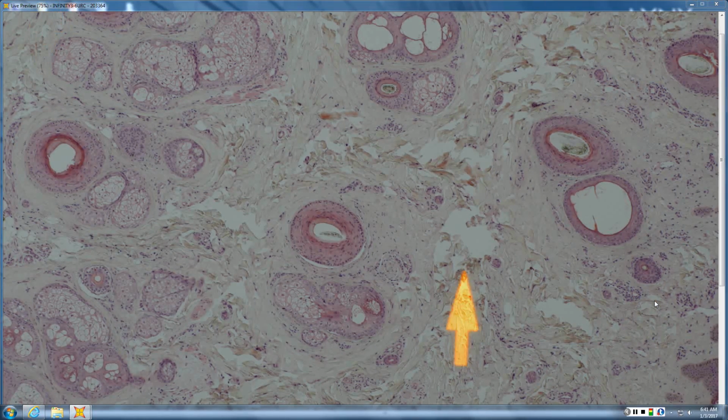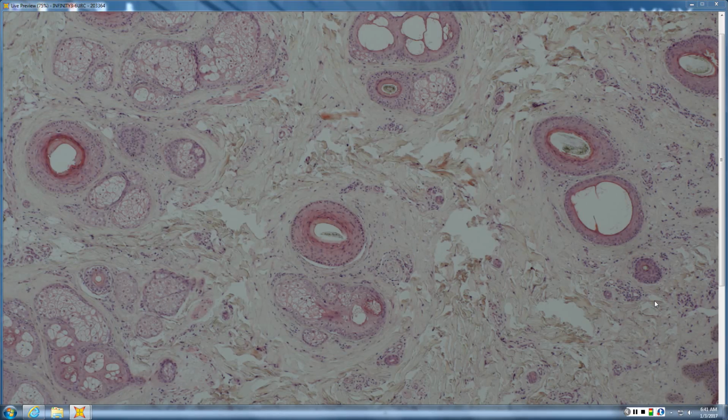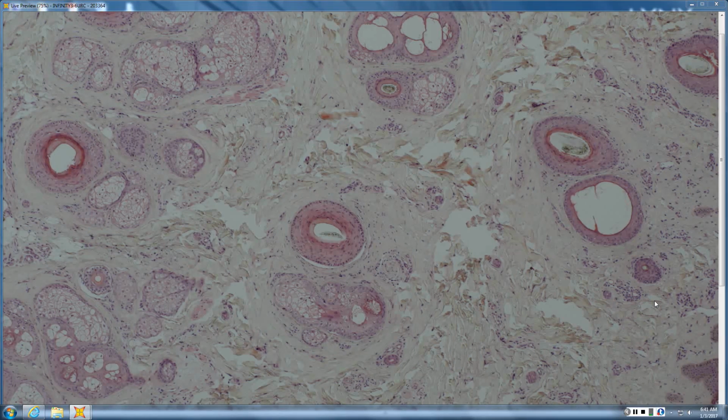You have to be careful not to confuse these little eccrine glands with hairs, but there are tons of small hairs: miniaturization of the follicular units, no scarring, no inflammation. You will have a little shift towards telogen and catagen hairs with a lot of these conditions, and that's pretty much it.